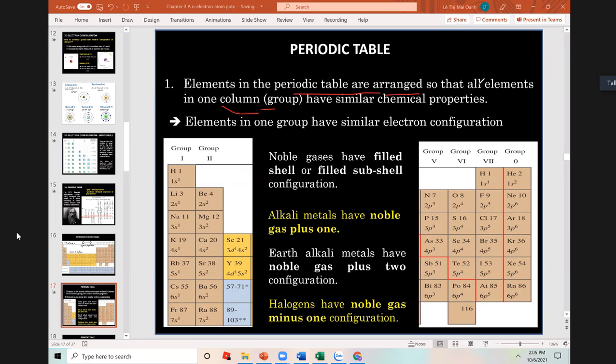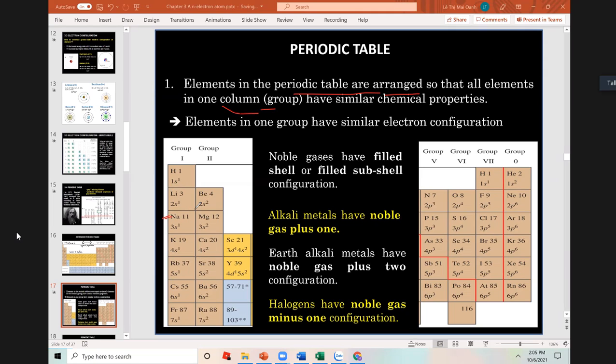For example, lithium, natrium, kali, or potassium and sodium have one electron in the outermost shell, so it's easy to take one electron from the neutral atom, and the atoms become positive ions. So in one group, the elements have similar chemical properties.